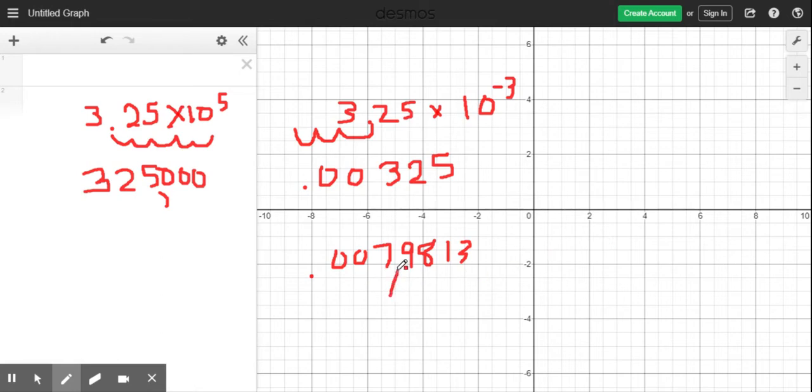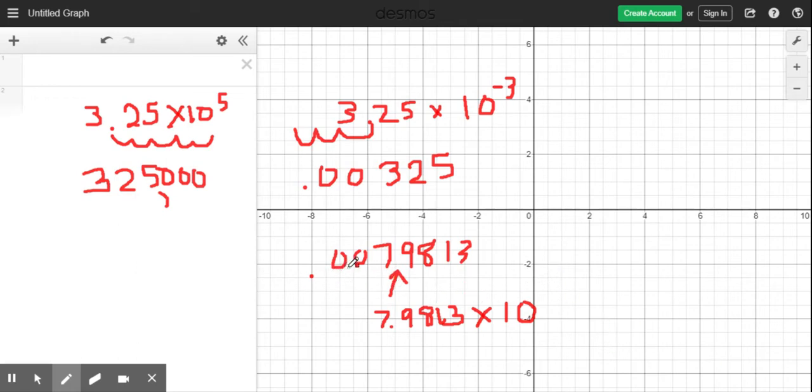So we need to put a decimal right here, strategically placed, so that our number is between 1 and 10. But ultimately, we want our notation to be the same value. So to get it back to the same value, we're going to multiply by our 10 raised to some power that would get us back to that really small number.